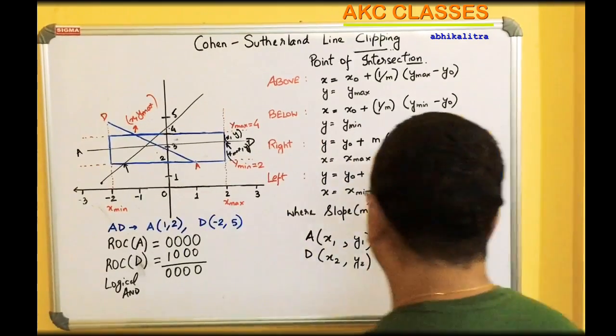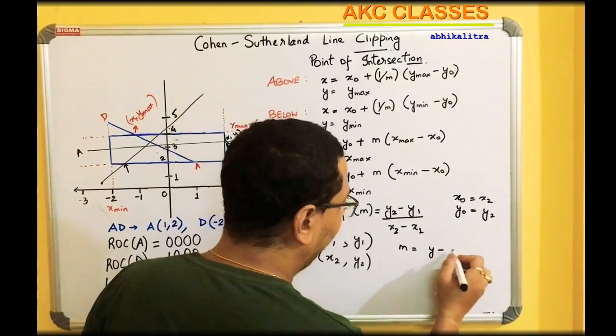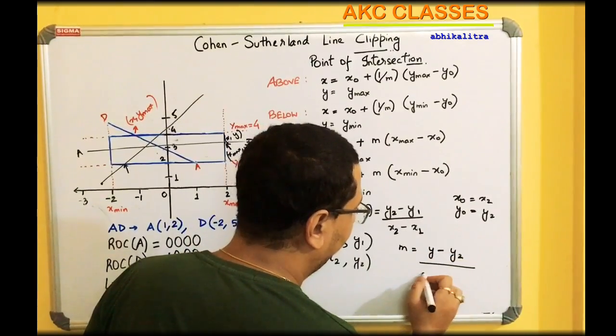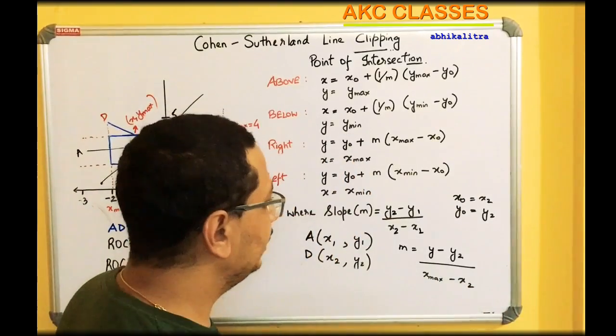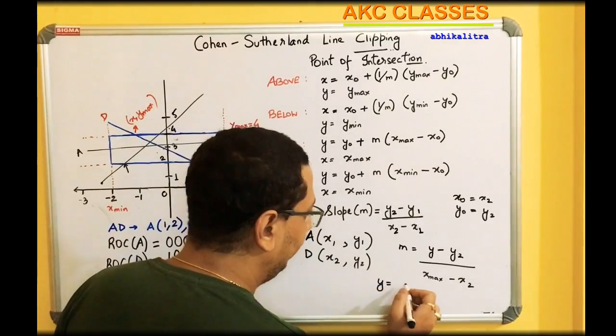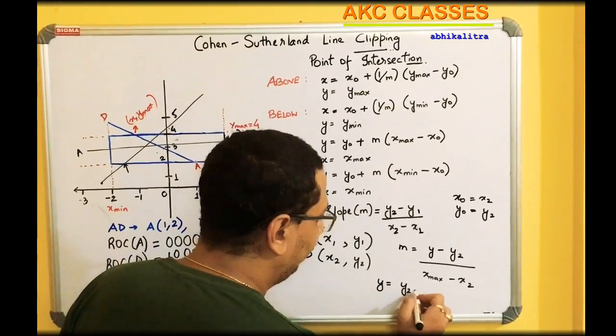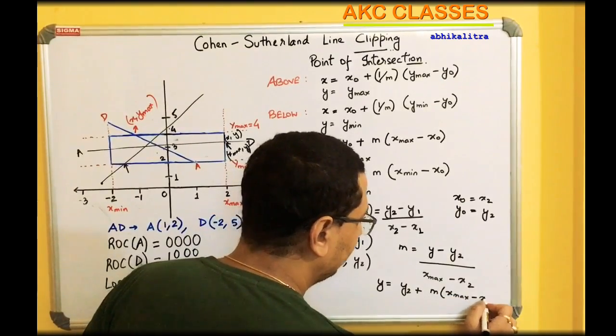The equation of the line will then be m equals y minus y2 divided by x max minus x2. From this equation we have to find the value of y, which equals y2 plus m into x max minus x2.